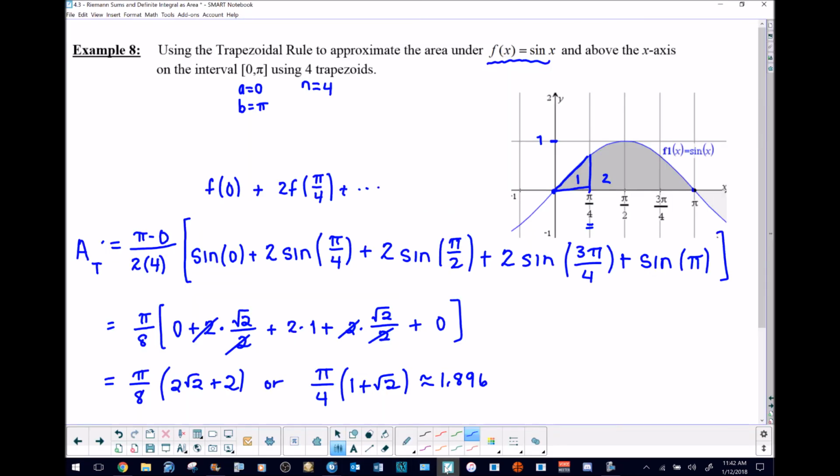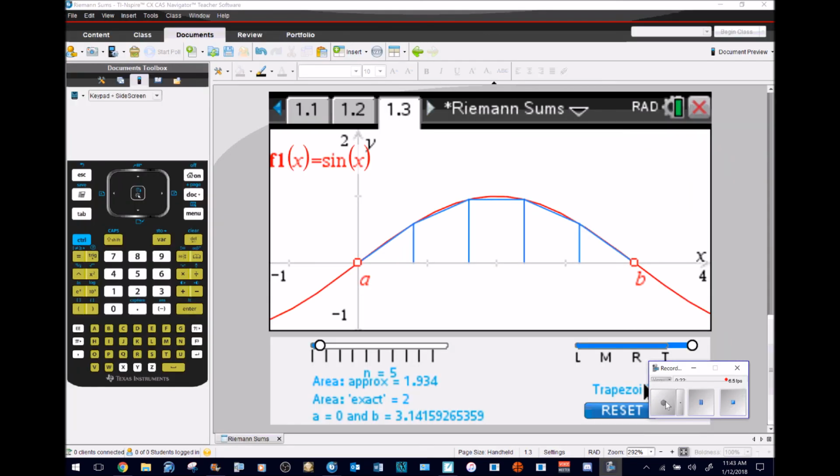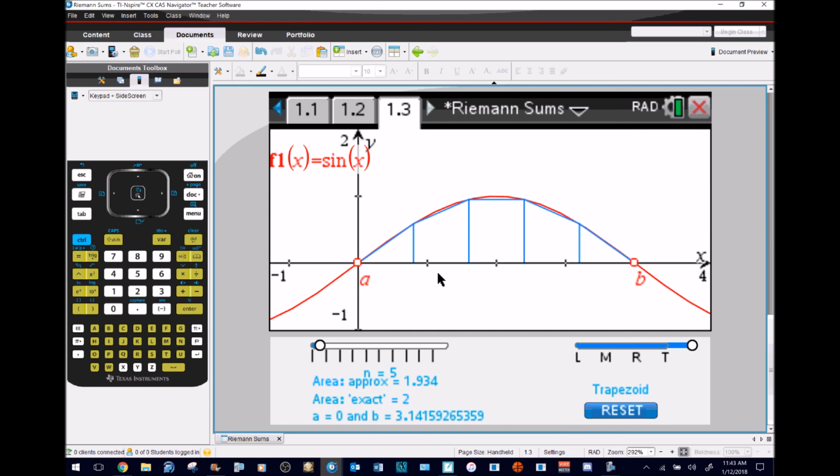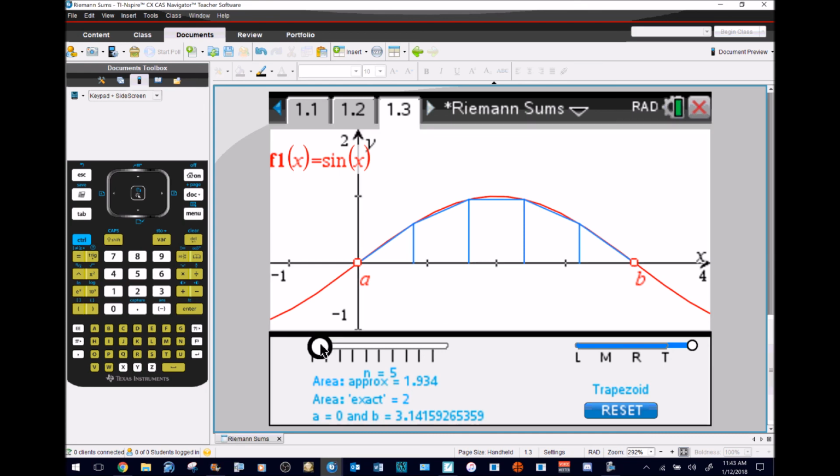Yes, for a minute there I thought something was going wrong. Yes, we have 5 rectangles here, where in our problem we wanted only 4, so I just have to dial this back to be n equal 4. And then let's make sure that we are selecting the correct approximation, trapezoid. And there we go. There we have our picture.